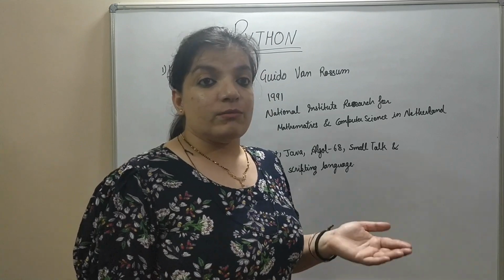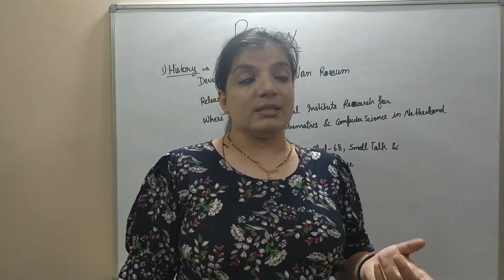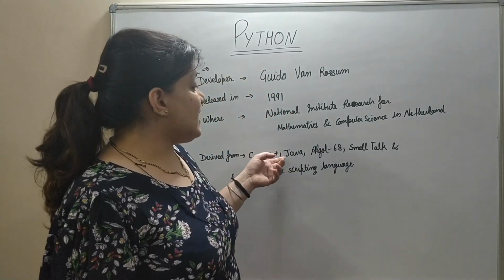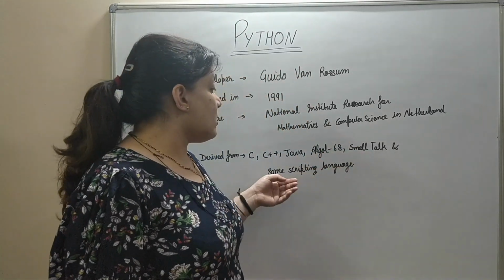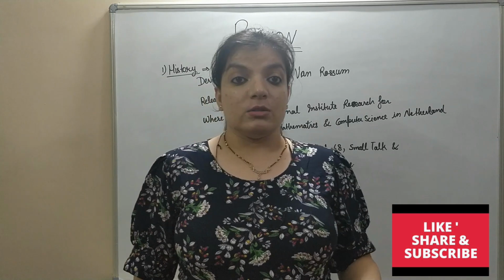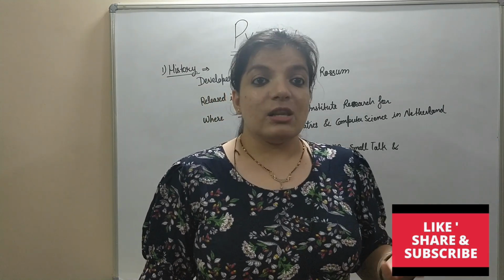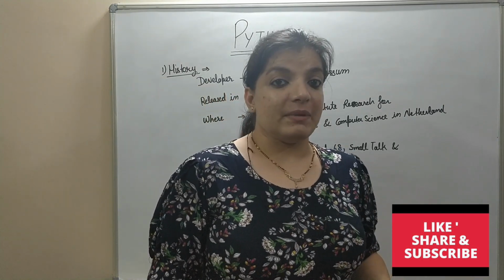Now, from which all languages is it derived? It is derived from C, C++, Java, Algol 68 and Smalltalk, and some scripting languages also. So that's all about the history of the Python programming language.